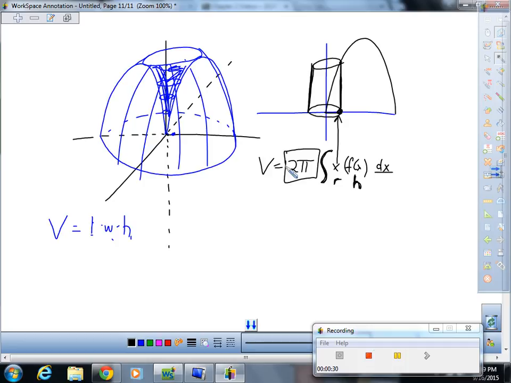Well, here's what the dx does. Originally, what was the dx? It was a delta x, right? And that was, instead of considering this thing to be a shell, consider it to be a solid.